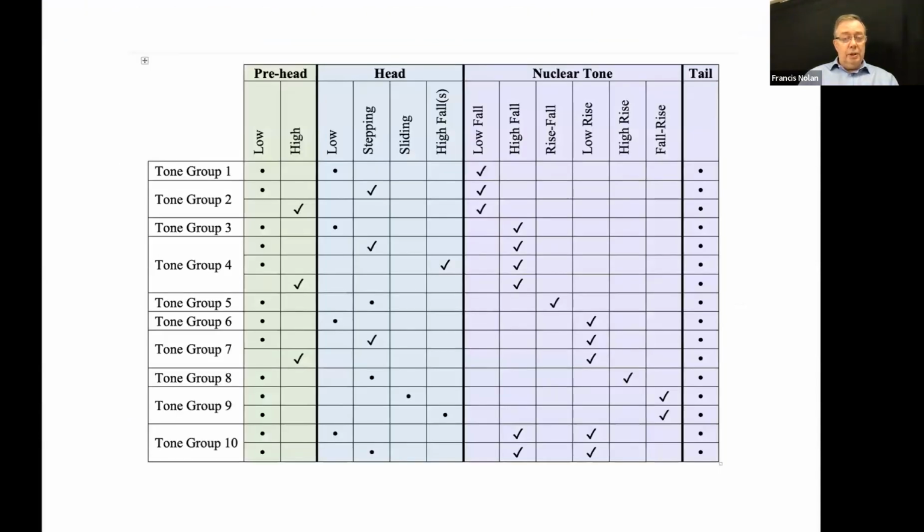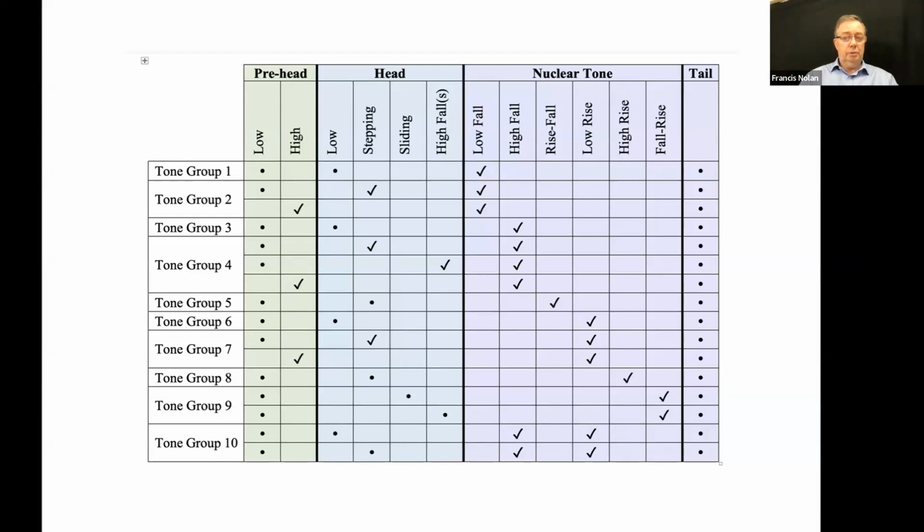In the first edition anyway, they give a table like this, 10 tone groups down the left, inventories at the top for the nuclear tone, 6 possibilities, 4 possibilities for the head, 2 for the prehead. Where you get a dot, it means that having that element is optional, so it may not be there.